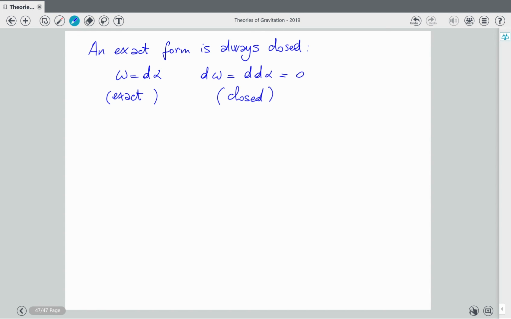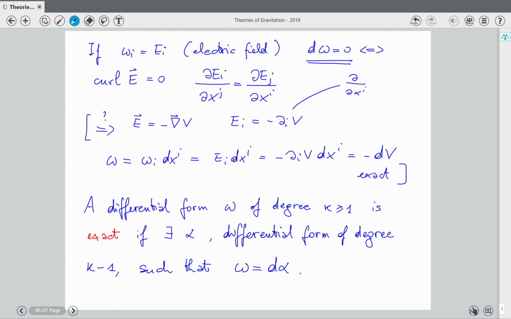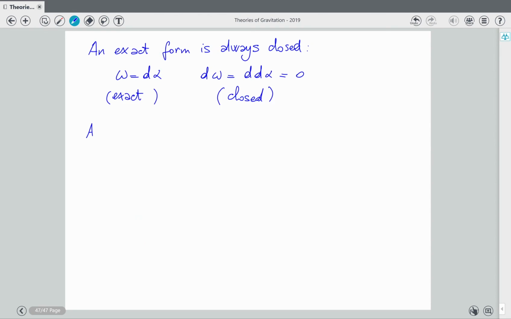The question is, is a closed form always exact? And the answer is no, which is why in the case of the electric field I have put the question mark.